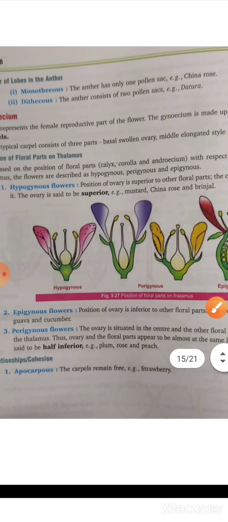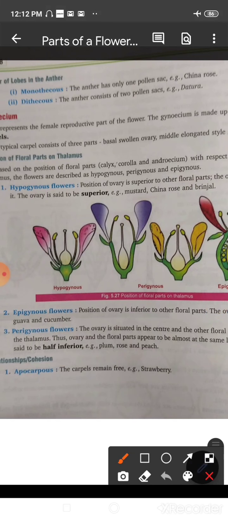Hypogynous, it says here, position of the ovary is superior to other floral parts. Now if you look at this diagram here, you will see that this is the ovary, right? The ovary is superior, means it is above the thalamus, and it is above the sepals, and it is above the petals, and above the androecium, right?